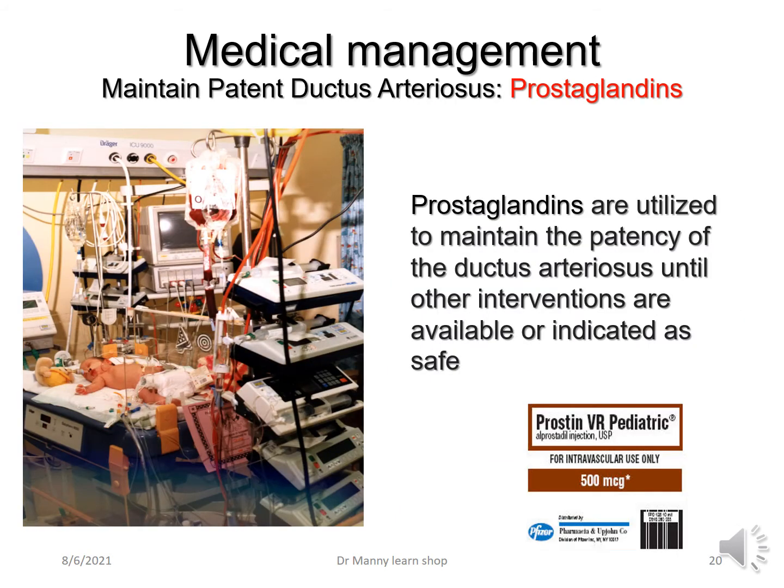A part of the medical management includes maintaining a patent ductus arteriosus, and this requires prostaglandins. And the prostaglandins are utilised to maintain the patency of the ductus until other interventions are available or indicated as safe, because the infant may be unstable.